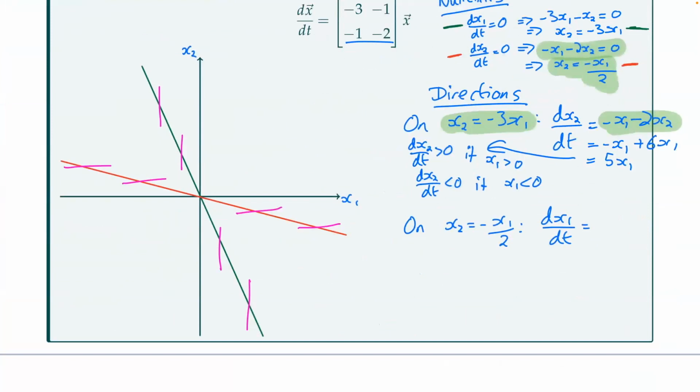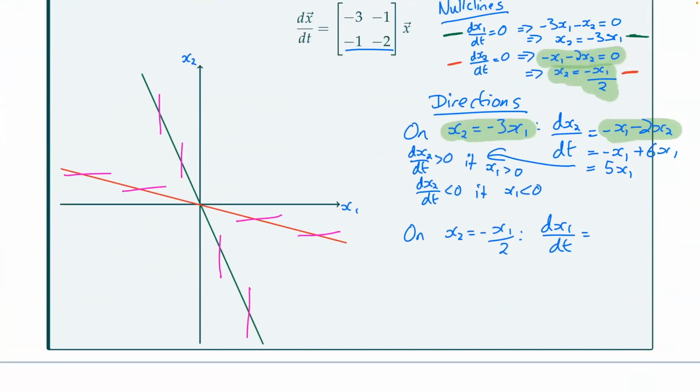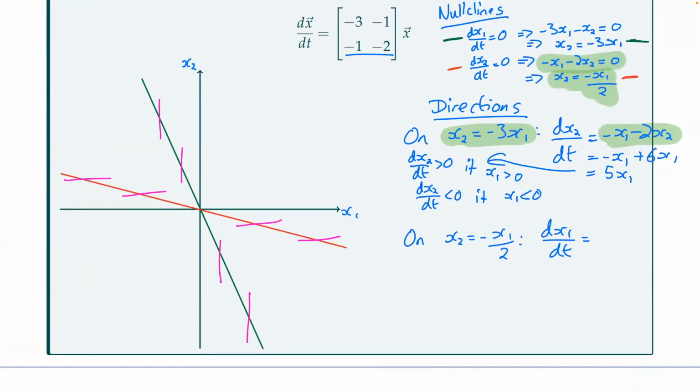I'm on this green line, remember? dx2/dt is positive, that means we're going up if x1 is positive. So x1 is positive on the right-hand side, so those arrows must be going up. dx2/dt is negative, so we move down when x1 is negative. So these arrows have to be going down.